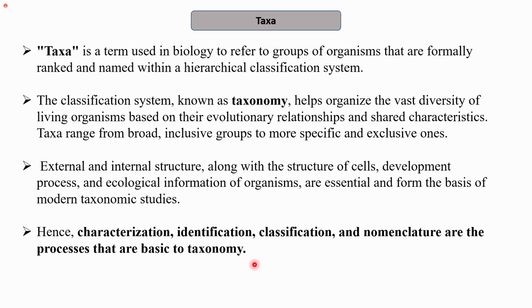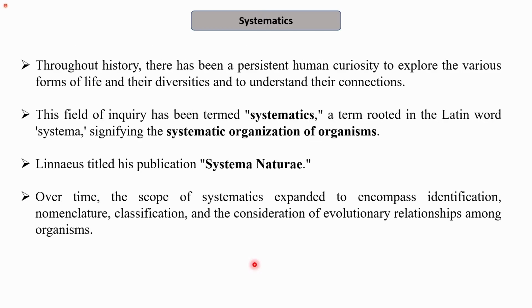And after the classification, using the binomial nomenclature system, I will give a particular name to that organism. So taxonomy includes four different processes: characterization, identification, classification, and then naming of the organism, which is the nomenclature. Now there is another term which is used, which is systematics.